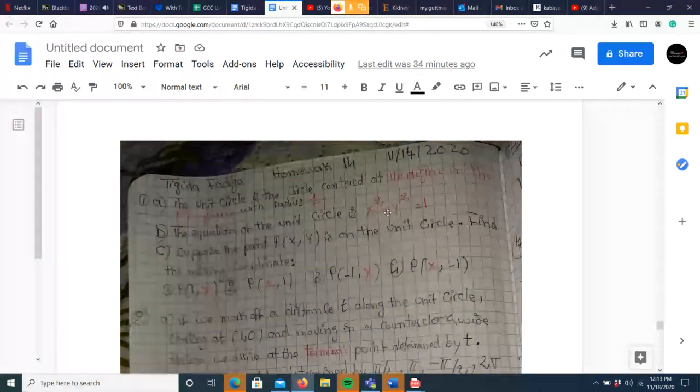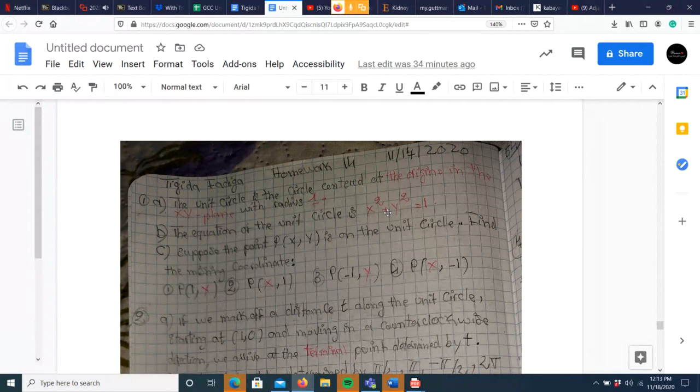So I will move 1 to the right side, and I will be left with y squared is equal to 2. Am I right? You're wrong. Okay, let me start over. Can I start over? Sure. Okay, thank you.